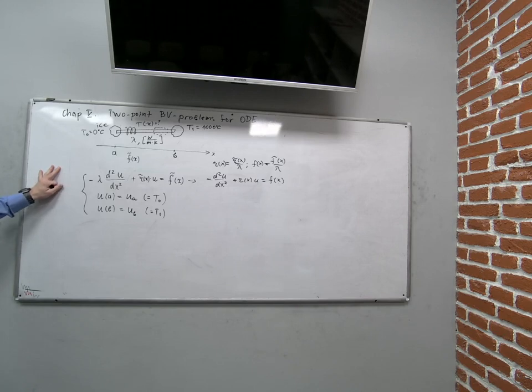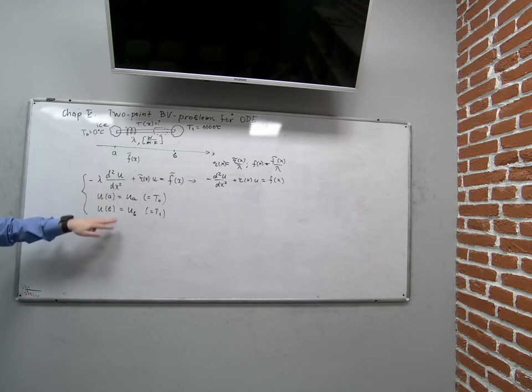After some theoretical discussion regarding the existence and uniqueness of solution, last time we have discussed one method to approach this kind of problems. In that method, which is called shooting method, we replace the boundary value problem.